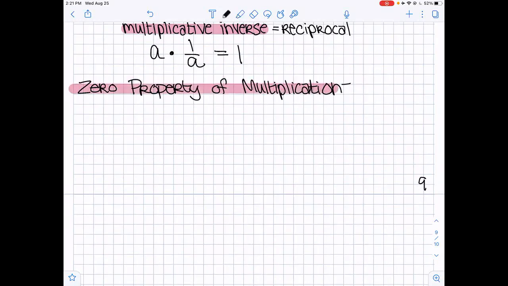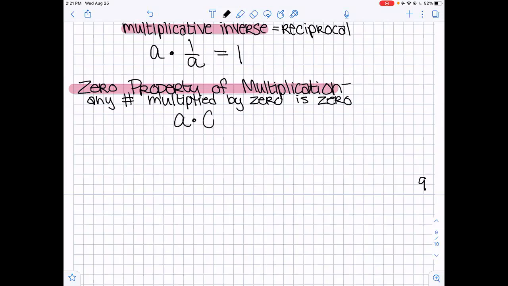Guys, what happens if you multiply a number by 0? 0, automatically 0. Any number multiplied by 0 is 0. Your example is A times 0 equals 0. Boom.